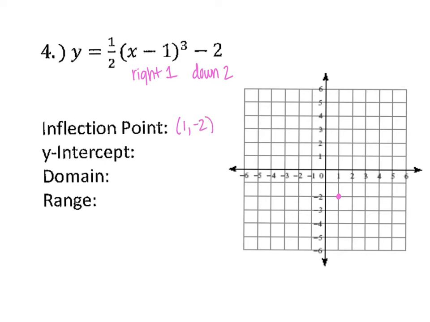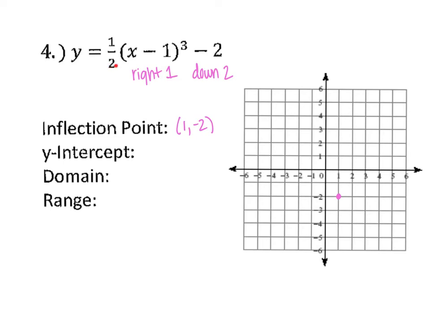So I have my coordinate, and now let's find what the other 2 points are going to be, because we need 3 points total. So remember, we can always grab the slope in front of our x. But here's the deal.